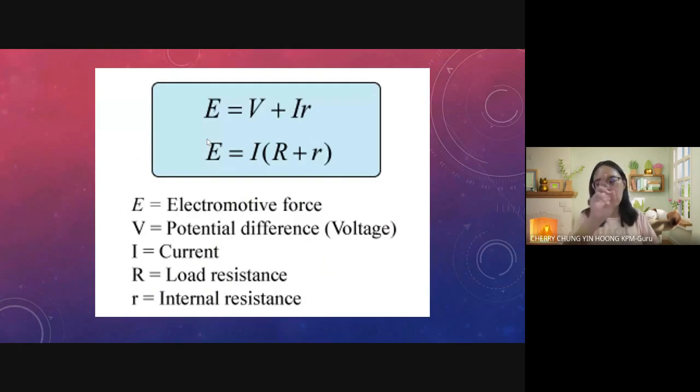So 我们会有两个 formula, OK? 你要记得最上面的这个 formula, which means E equals to V plus IR, where 你这个 V 是 the terminal potential difference supply in the circuit, and this is the voltage loss due to the internal resistance in the cell. So 你这个 V 我们可以用 V is equals to IR 来 substitution already, then you will get another formula which is E equals to IR plus R.